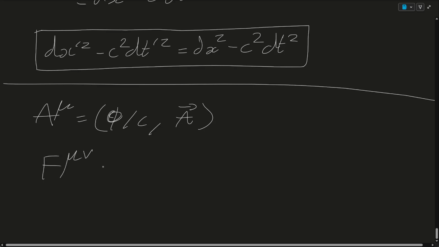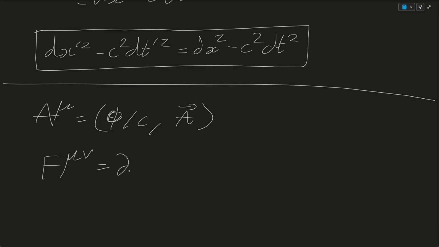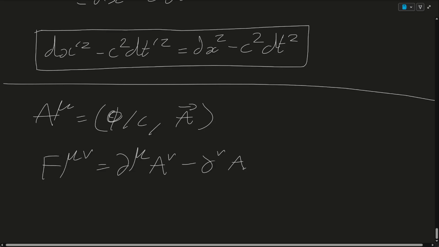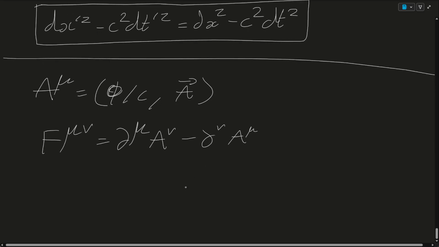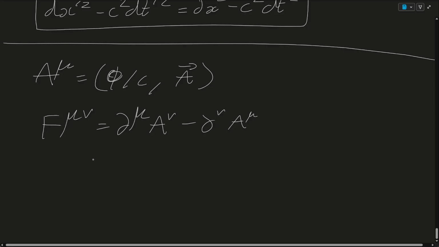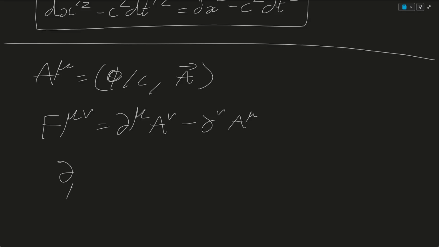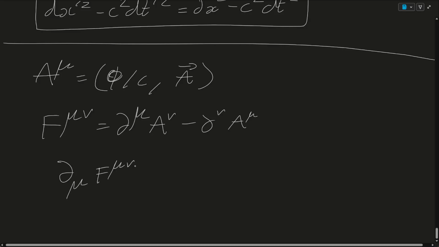F to the mu nu is equal to d mu A nu minus d nu A mu. It's always the cycling of indices, is it not? That's all that tensors are. We can simplify greatly, and I mean greatly, Maxwell's equations in a vacuum. They become d mu F mu nu is equal to 0.